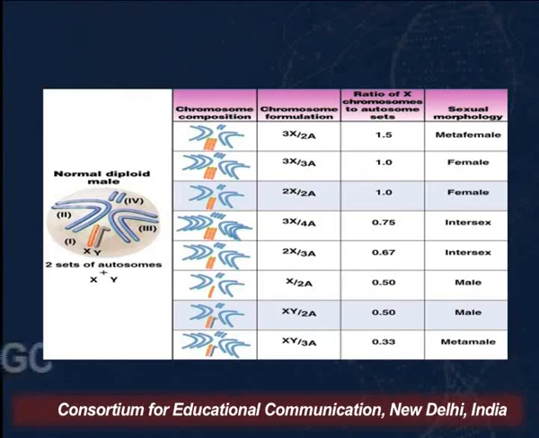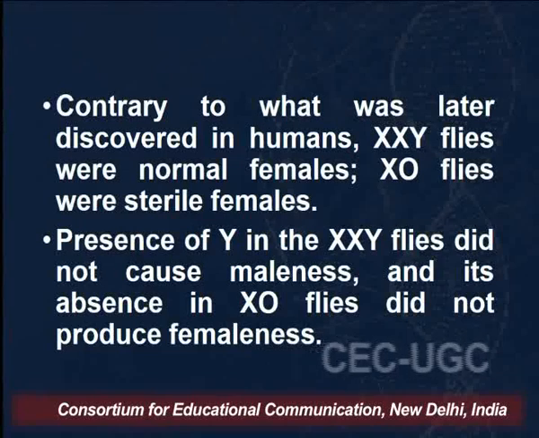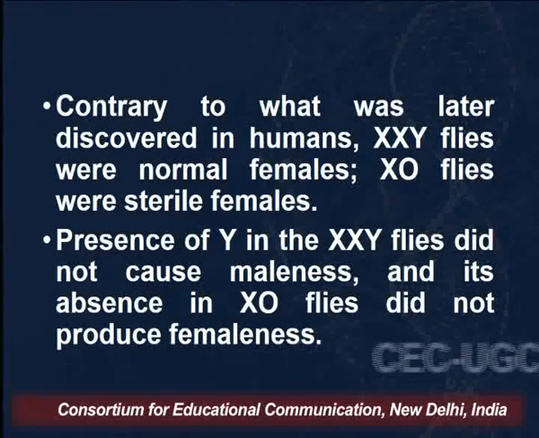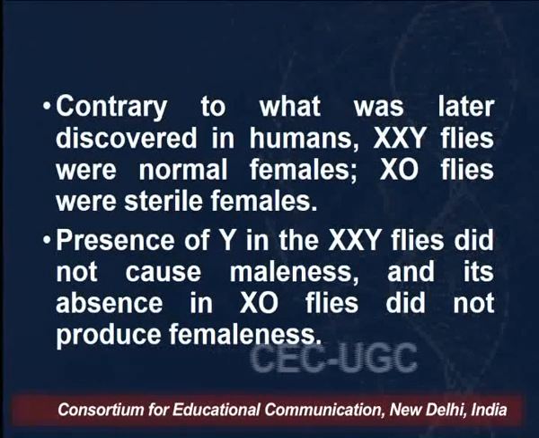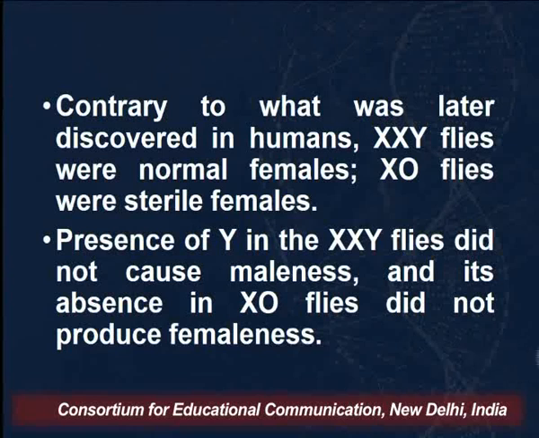So this chart gives us various lessons to follow. That means XXY flies are normal and XO flies are sterile females. So where does Y come in this picture?